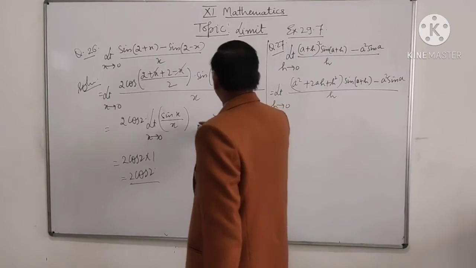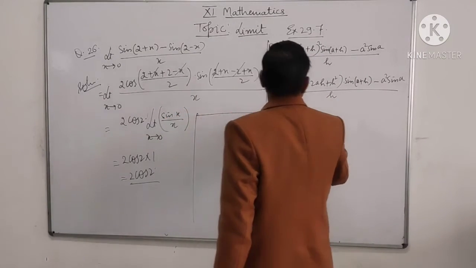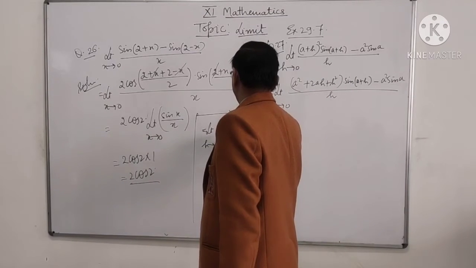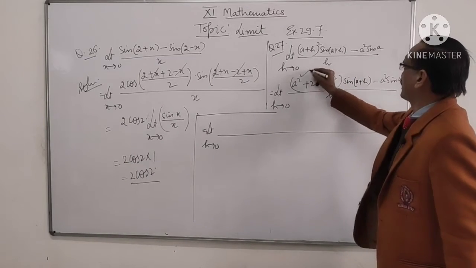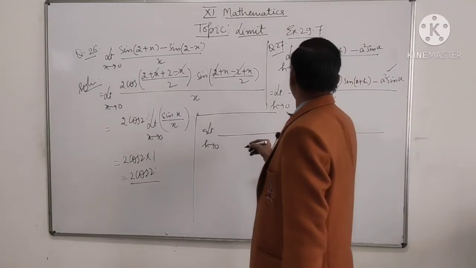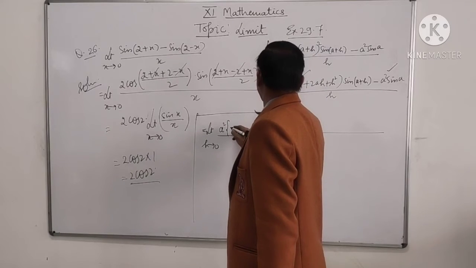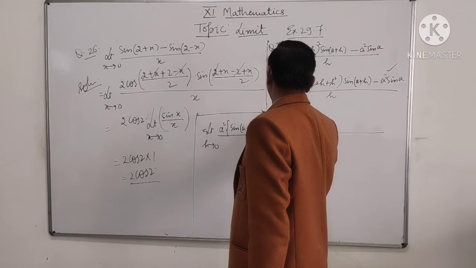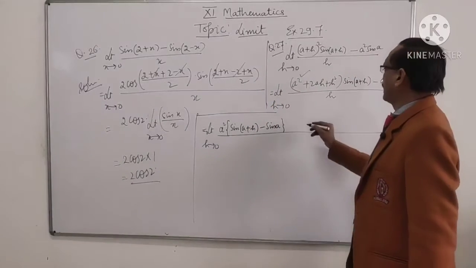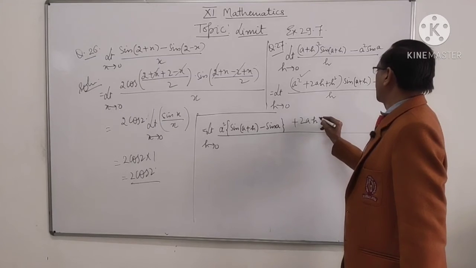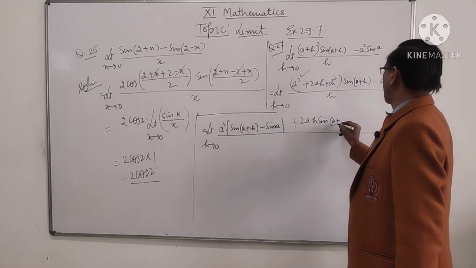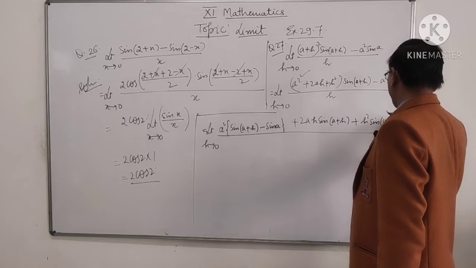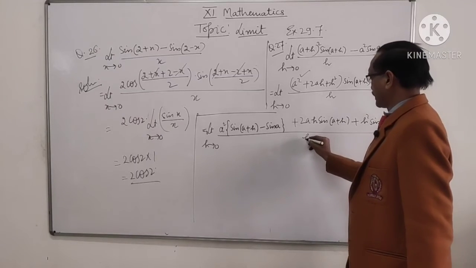Now a square common from this term and the last term, limit h tends to 0. Then it is sine(a plus h) minus sine a, plus 2a plus h into sine(a plus h) plus h square sine of (a plus h), upon h.